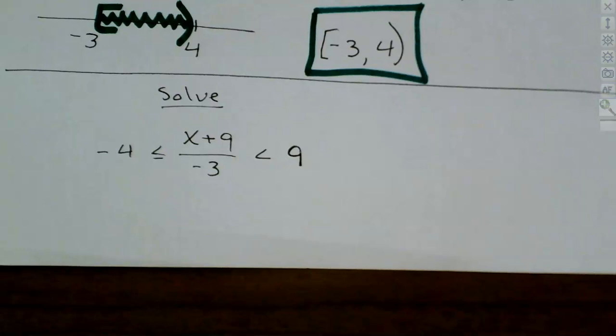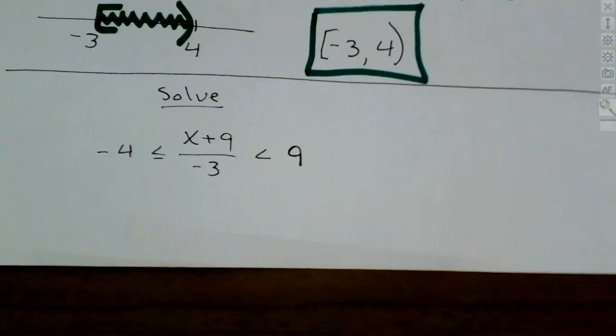This is very, very similar to question 3 from your homework. Different numbers is all it is. Now, normally when we divide by a negative, we switch that sign, right? Same thing with multiplication. When you divide or you multiply by a negative, you're going to flip your inequality symbols.